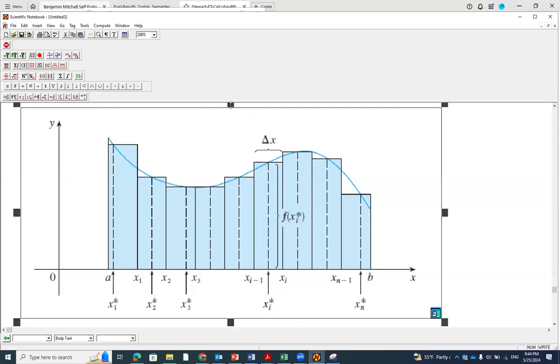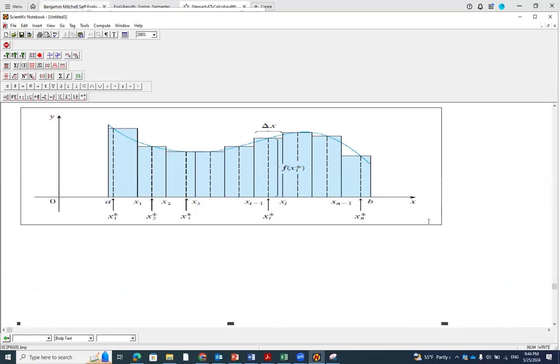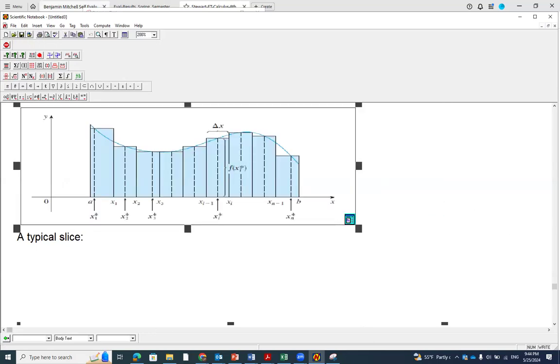I'm going to write something down here. A typical slice, that's what I'm calling it. The typical slice in this case, which is useful in the construction of a Riemann sum, is that we look at this interval. This is a typical one.